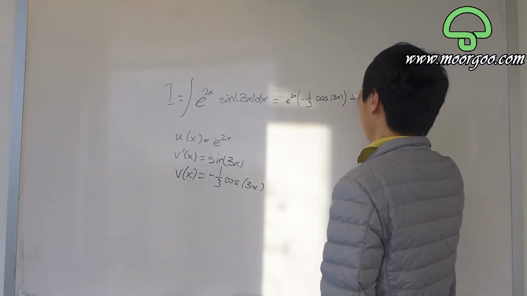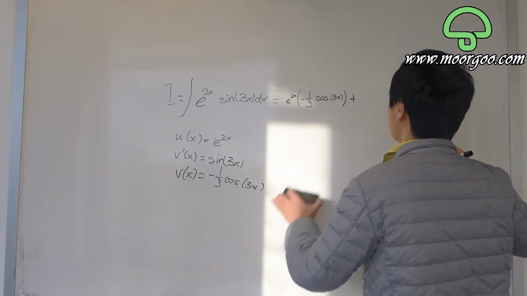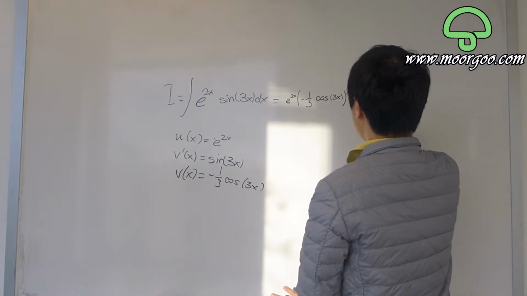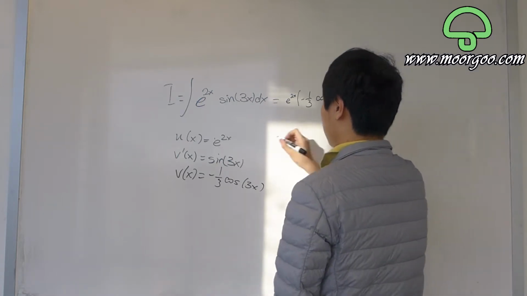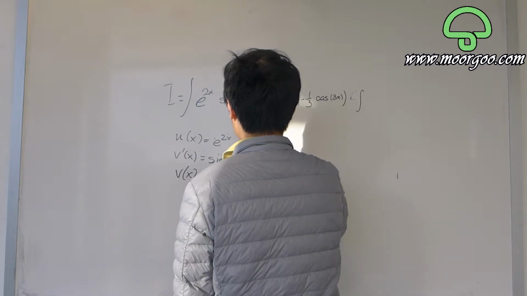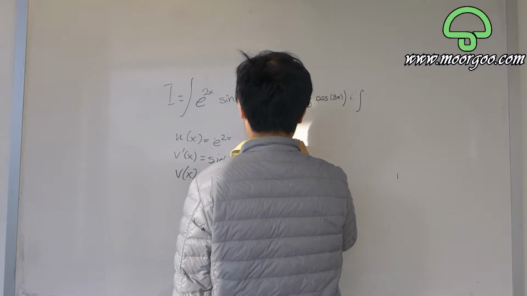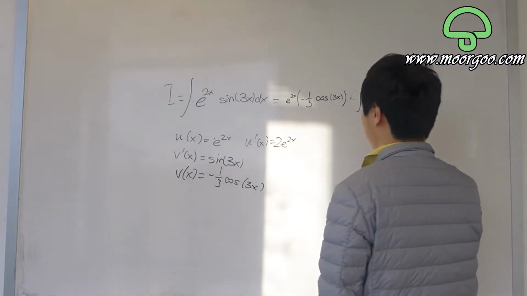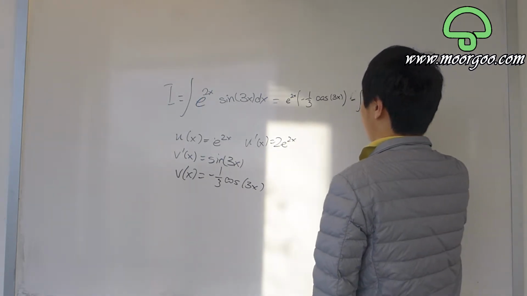U of x times v of x minus, what's u prime of x, by the way. This is pretty easy. Minus u prime.